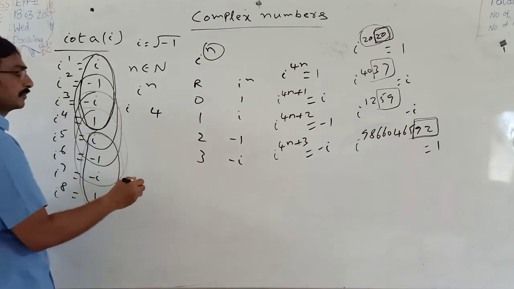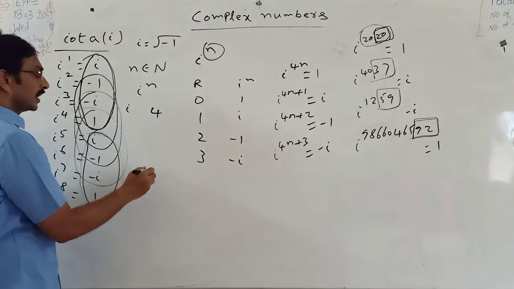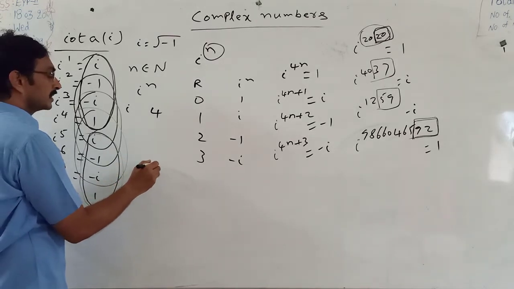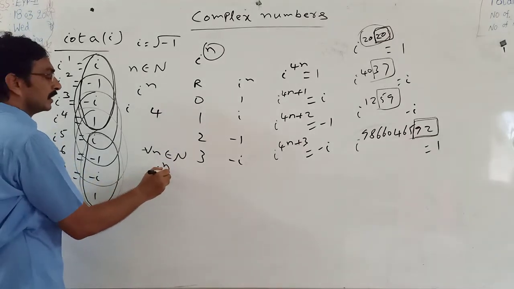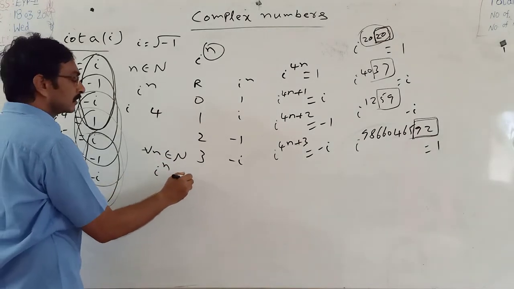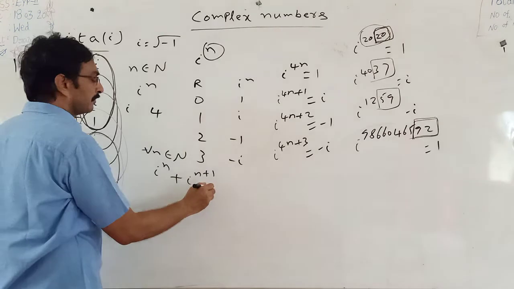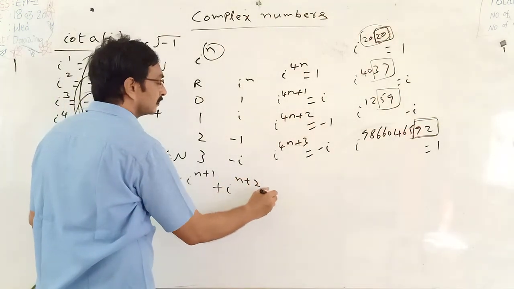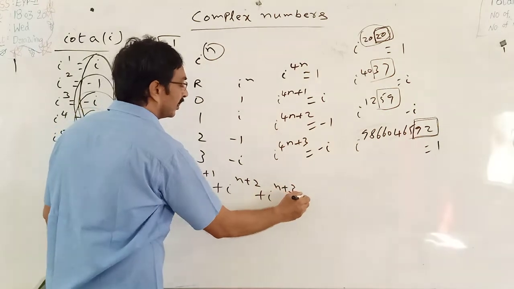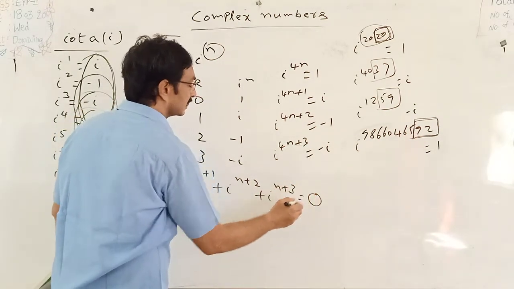So this implies we got one property, that is, for any positive integral value of n, the value of i power n plus i power n plus 1 plus i power n plus 2 plus i power n plus 3 is always 0.